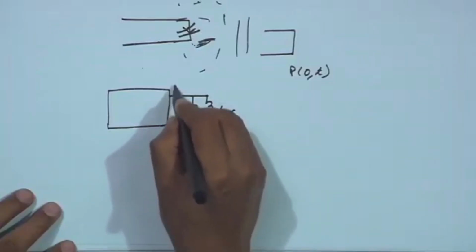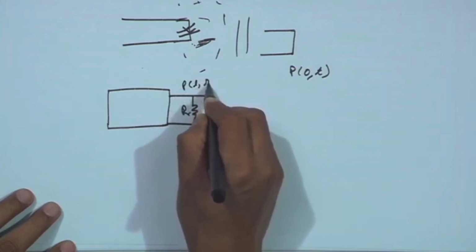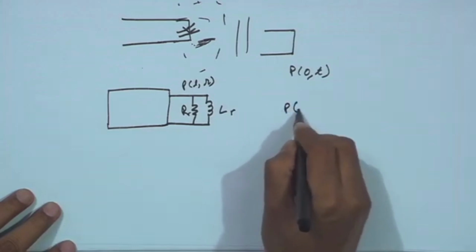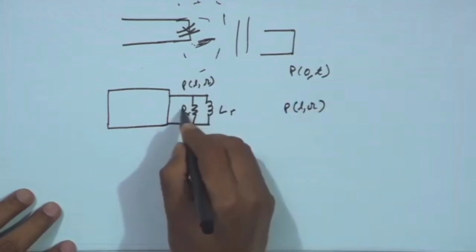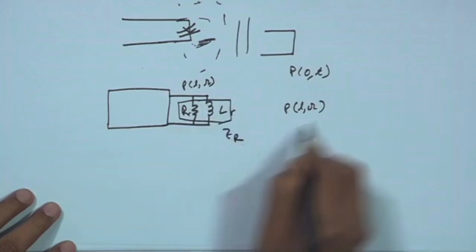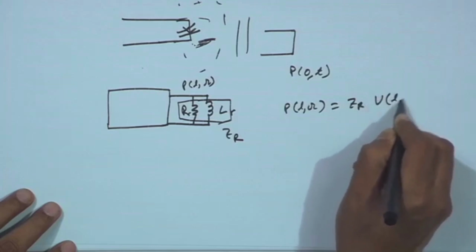Then P_L(omega) is nothing but Z_R into U_L(omega).